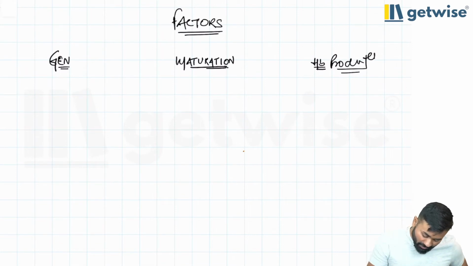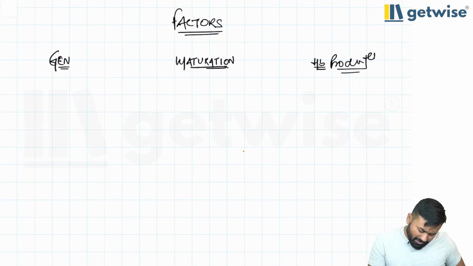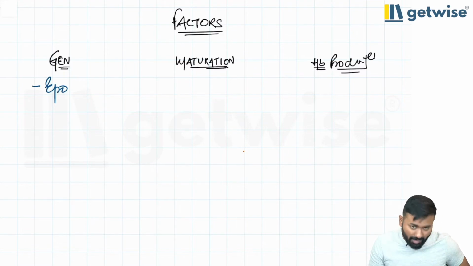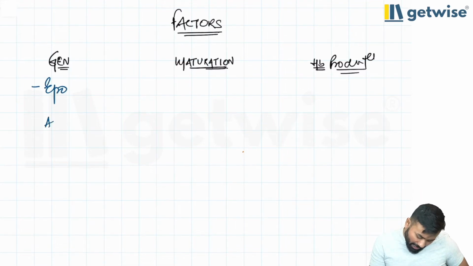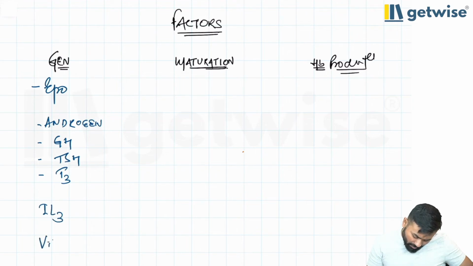There are many factors involved in the process of erythropoiesis. We have categorized these factors into three categories: general, maturation, and hemoglobin production. General factors are erythropoietin itself, EPO, and some hormones that also help in erythropoiesis: androgens, growth hormone, TSH, T3, etc. There is also a role of interleukin 3 and vitamin B12.